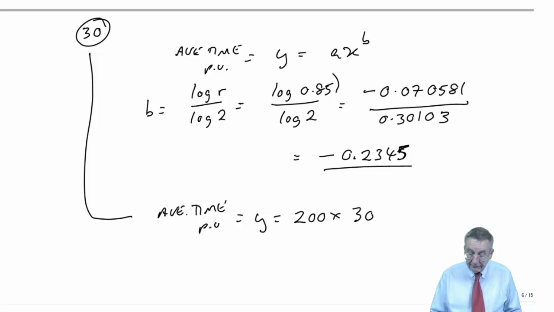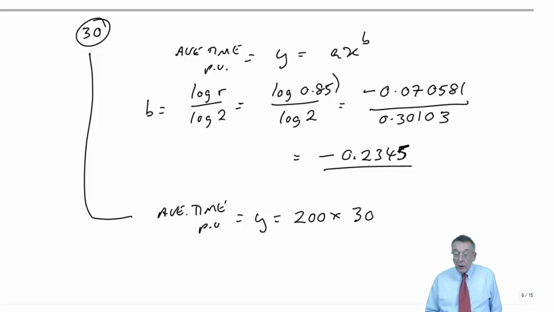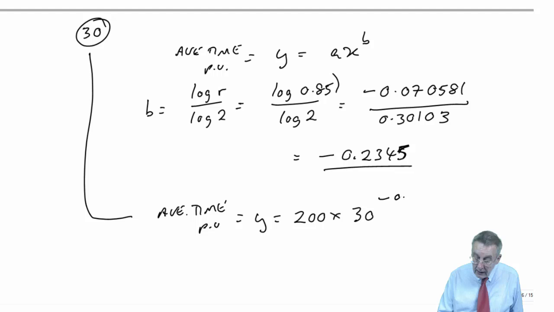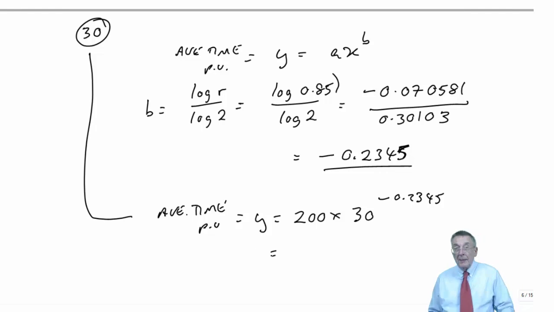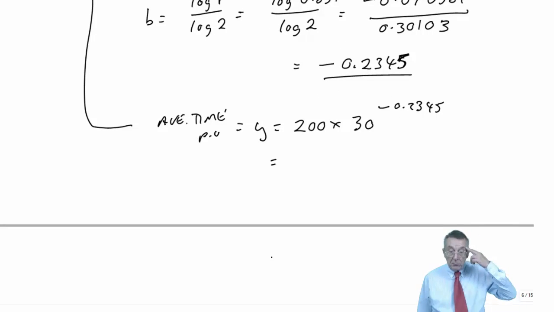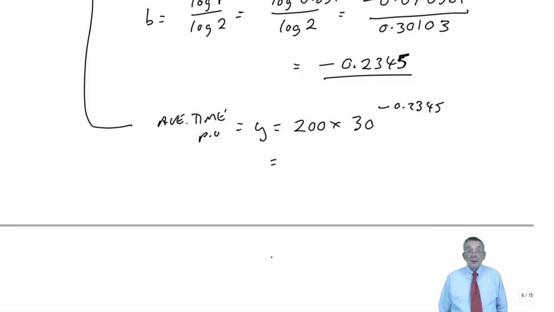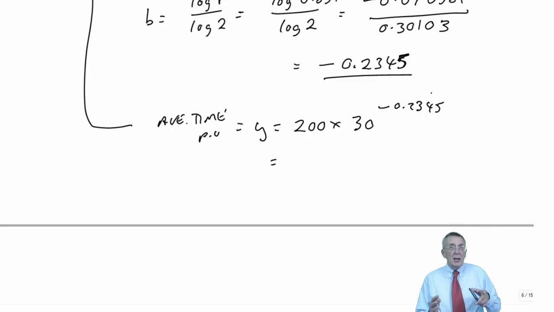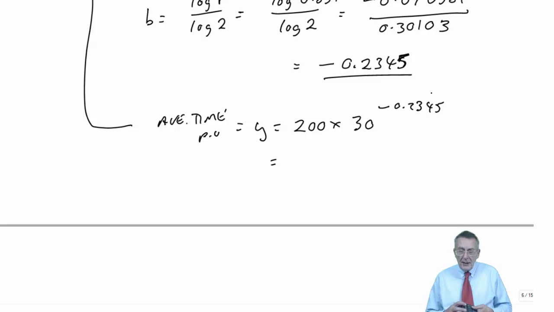We're doing 30 to the power minus 0.2345. Now again, make sure you can use your calculator efficiently. Unless you've got a most remarkable brain, you're going to have to do that power in your calculator. Calculators differ, it depends what logic the calculator uses. So do make sure you can get this right.